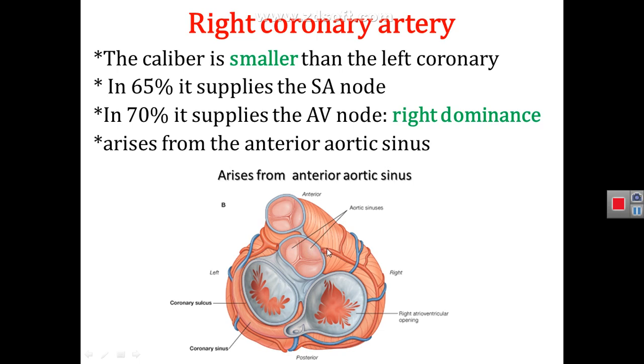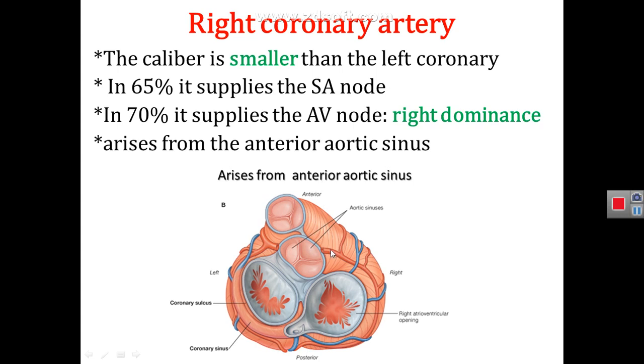And the right coronary artery supplies the sinoatrial node, which is one of the parts of the conducting system of the heart. The right coronary supplies the sinoatrial, the SA node, in 65% of the population.